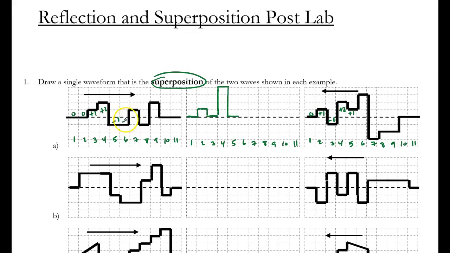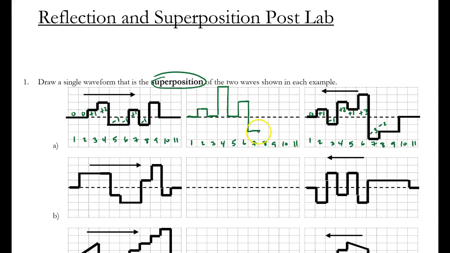6 is -1 and +3. Okay, so this isn't really a destructive interference or a perfectly constructive interference. It's just interference, resulting in a +2. 7 is +1 and -3. So that's going to result in a -2 all the way down here. -1 for 8, -2.